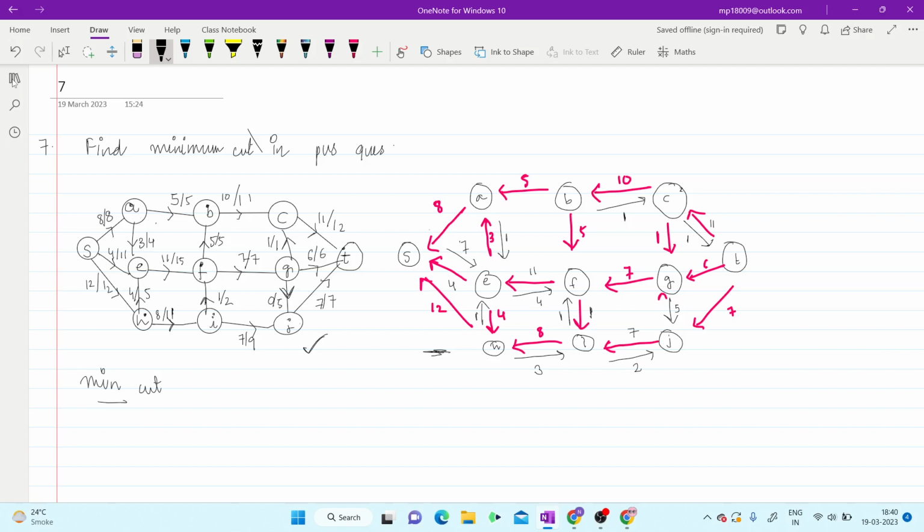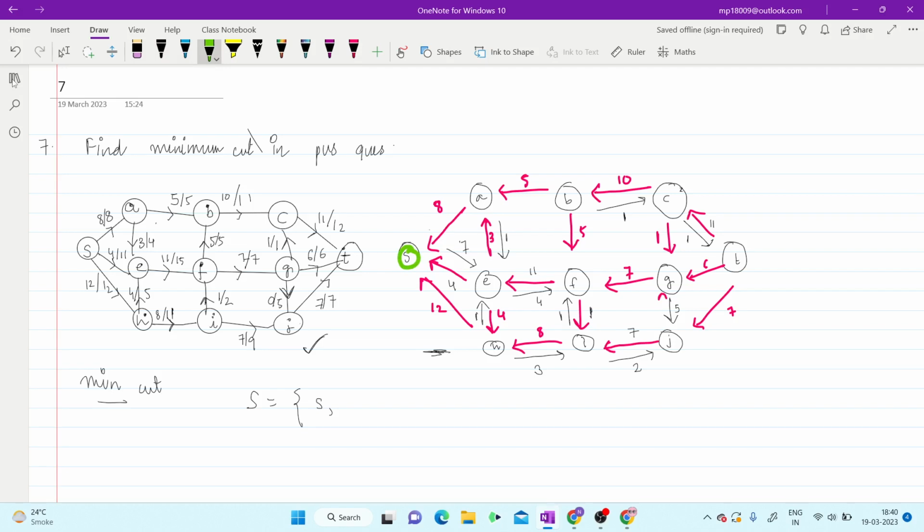Okay. So basically, S will have all those vertices which have a path from S to that vertex. So do we have a path from S to A? Is there a path in the residual flow diagram from S to A?